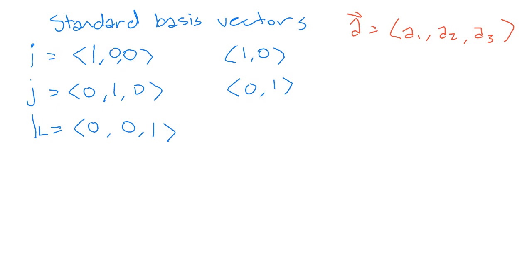First, we can technically break this up into 3 vectors based on our definitions of adding. So we get A1, 0, 0, plus 0, A2, 0, and 0, 0, A3.